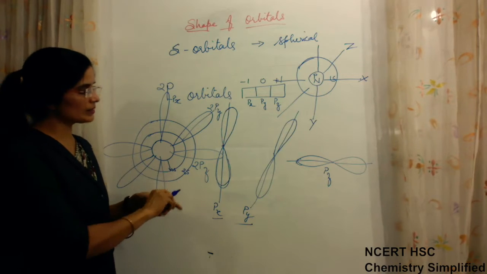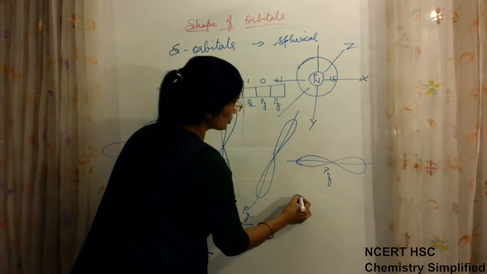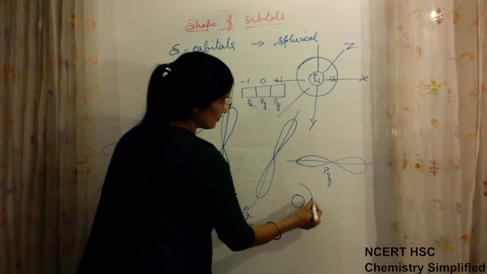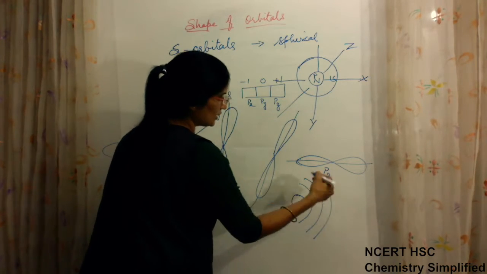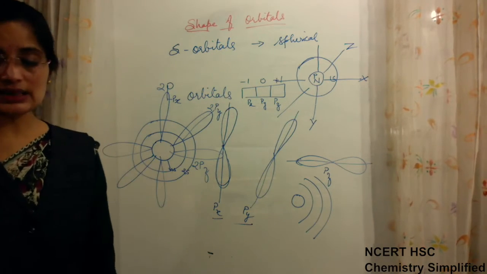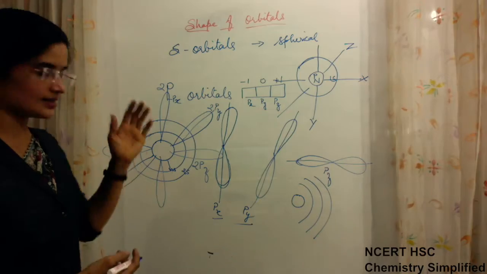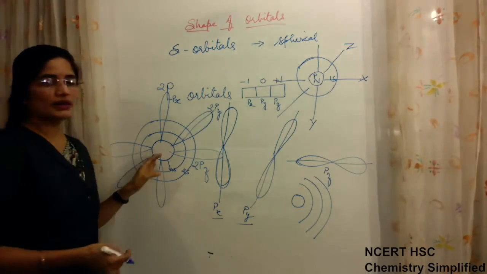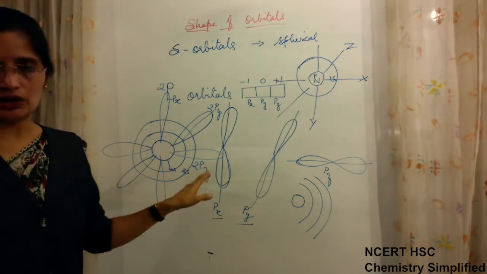So that is why we have simplified the structure: nucleus, 1s, 2s, 2p, like this we have made it simple, but the actual structure is like this. But this is to know, not to draw.